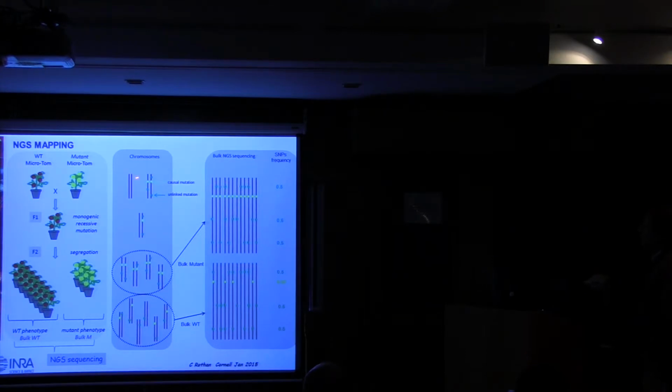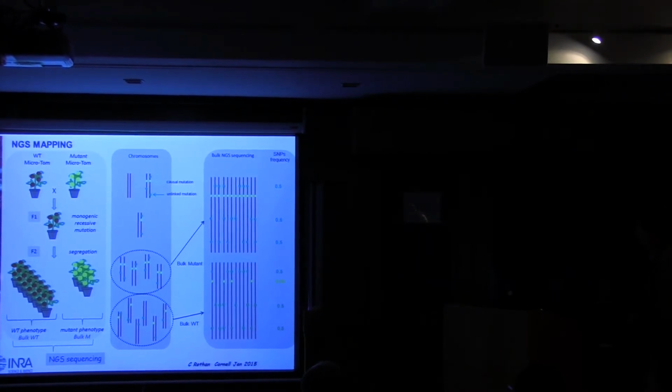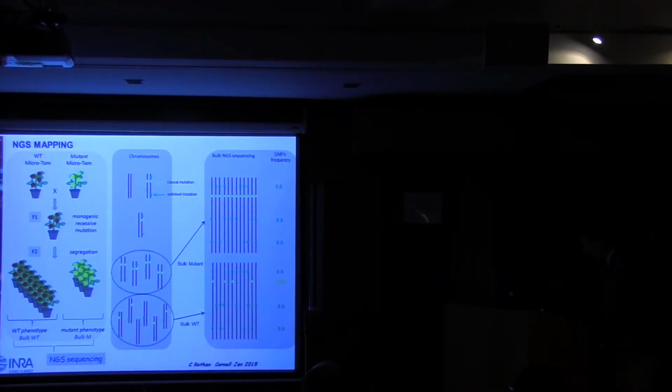When you look at the mutation that you are interested in, the causal mutation, what you are waiting for is a frequency of 1 in the mutant bulk, but because you took out all the plants with mutant phenotype, the frequency is reduced in the wild type bulk.